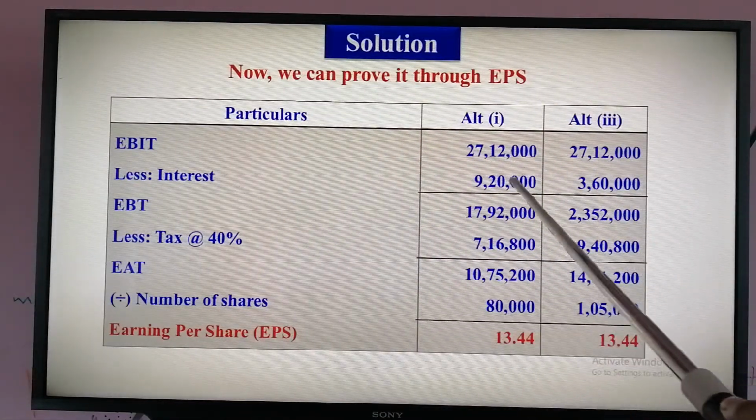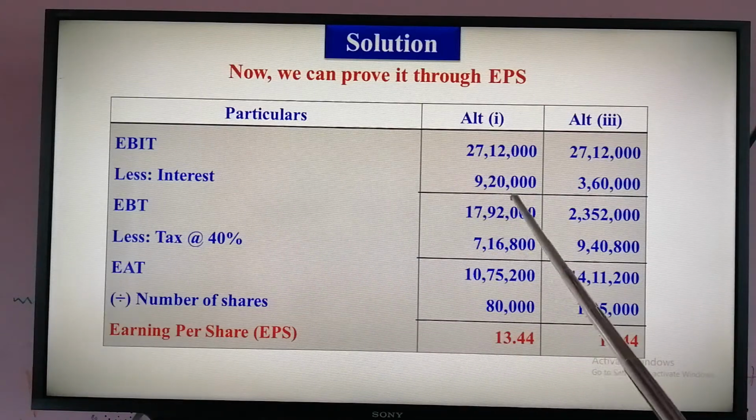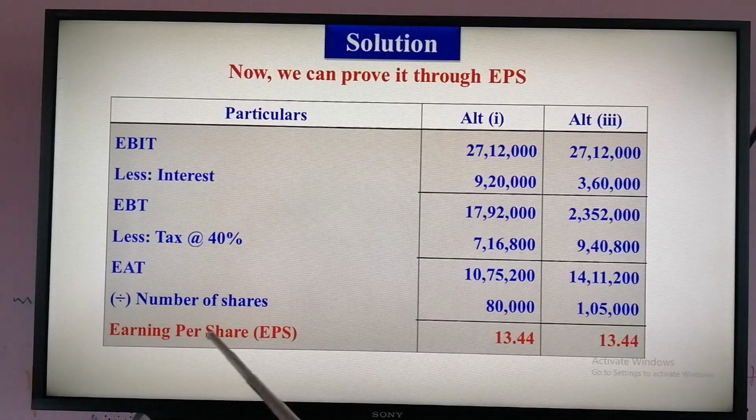With 27,12,000 and taking information as before, tax adjusted, you can see EPS is the same. So my dear student, you have done it correctly because both EPS are the same. The definition of indifference point of EBIT is such an EBIT that makes the EPS the same between two given alternatives. And you can make a graphical presentation of this.